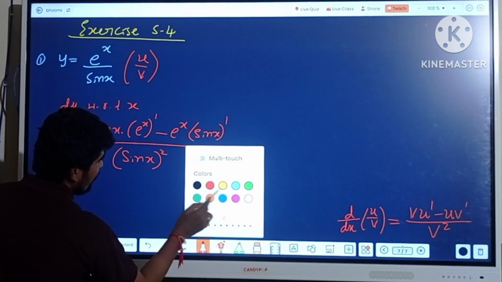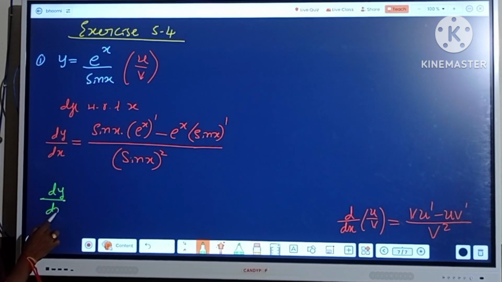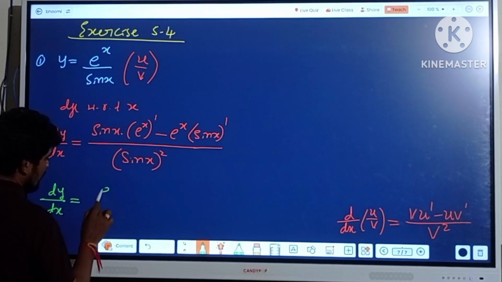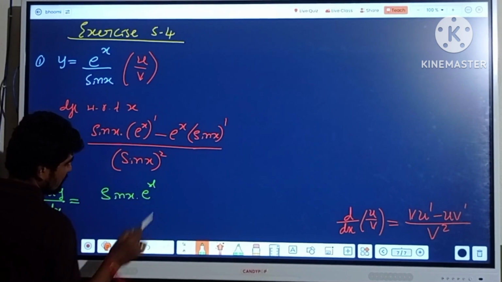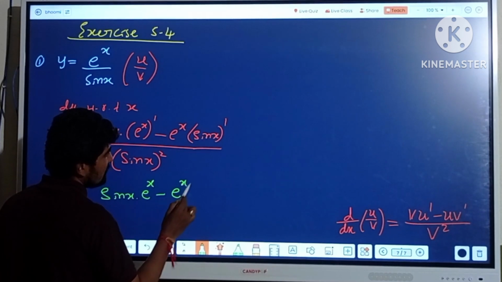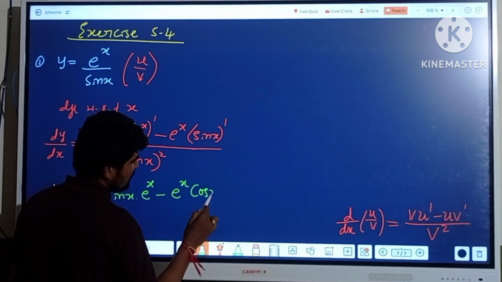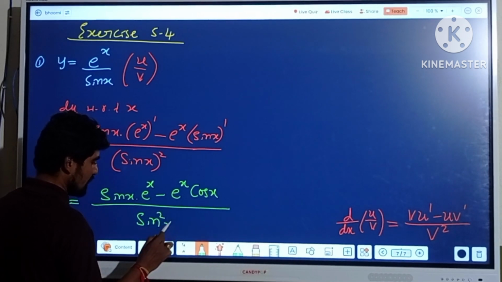Now therefore dy by dx is equal to, so sin x as it is into derivative of e power x, which is e power x, minus e power x as it is into derivative of sin x, which is cos x, divided by sin x whole square, which can be written as sin square x.